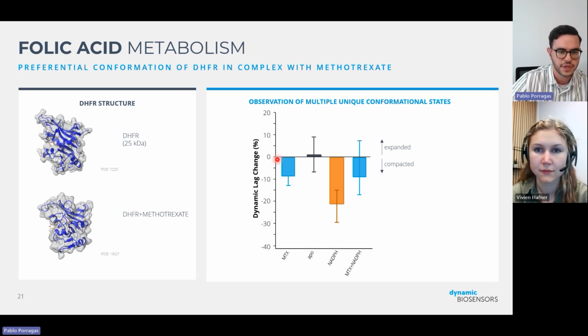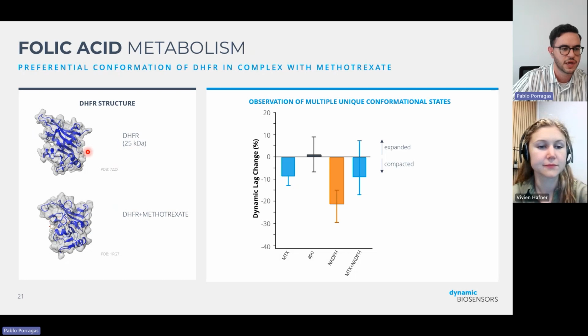And this behavior can be represented also by the dynamic lag change values. So if we inject only methotrexate into the system, we get a compaction of the dihydrofolate reductase enzyme, which we see here again represented by a negative dynamic lag change value.